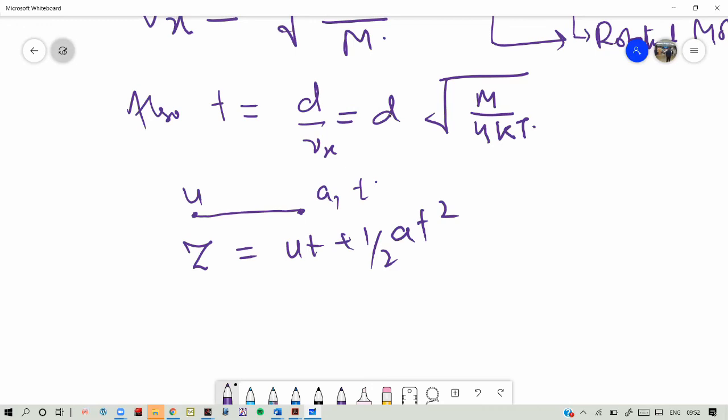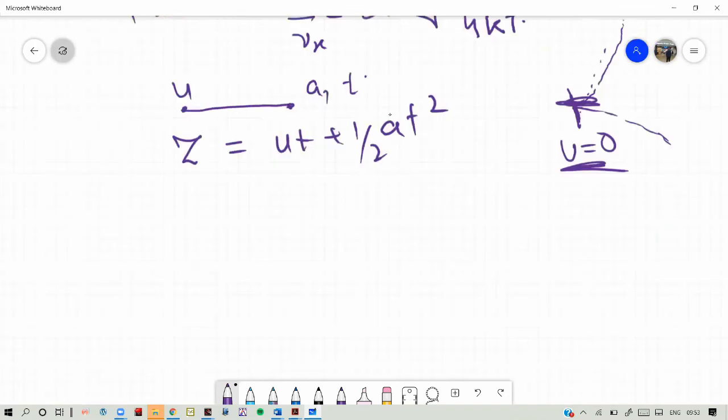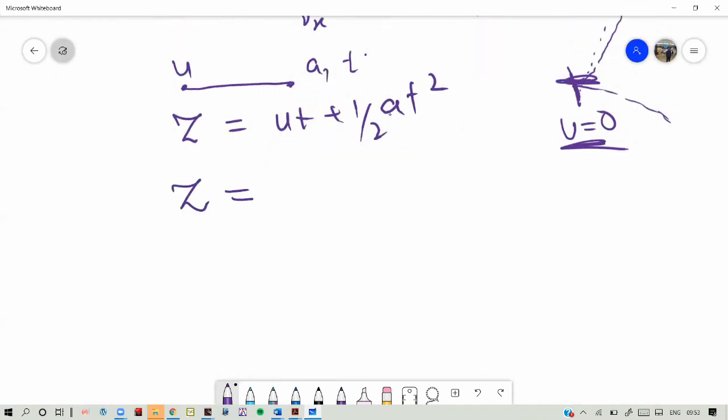When it starts deflecting from here, we assume that it is at rest at this point and take u equal to 0. So z will be equal to 1 by 2 times the acceleration in the z direction times t square.